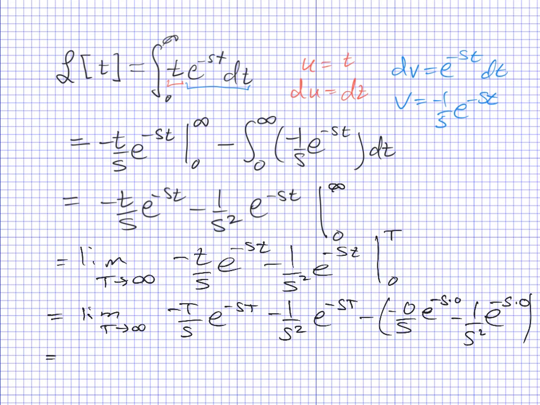All right, and then just like before, we're going to have both of these first terms go to 0, because again, the idea is that exponential functions decay faster than polynomials, which is the first term. So this one goes to 0 if s is greater than 0, and likewise, this goes to 0 when s is greater than 0.